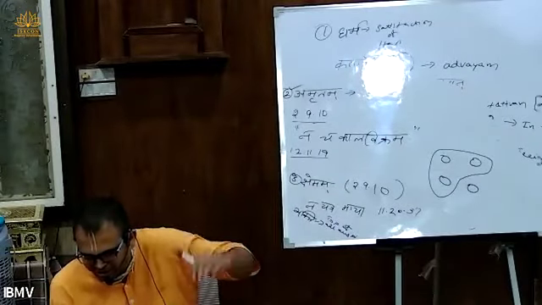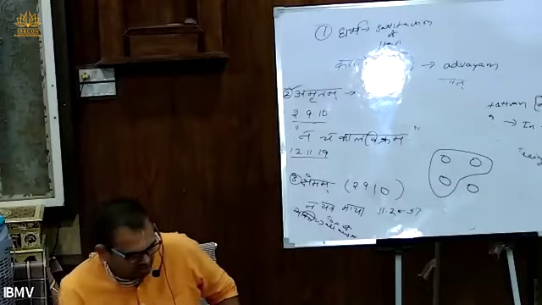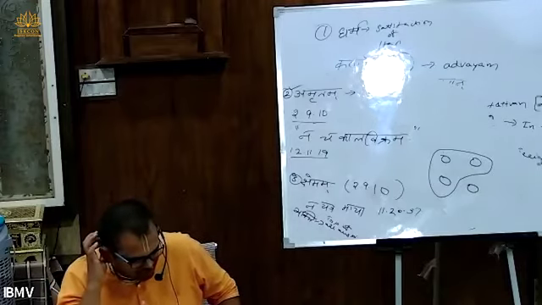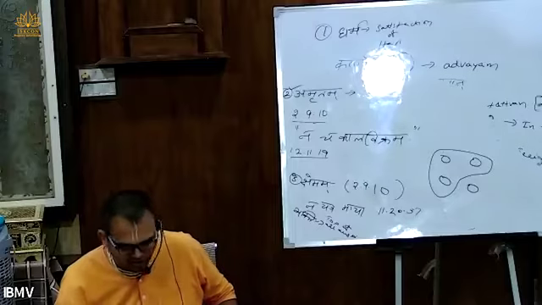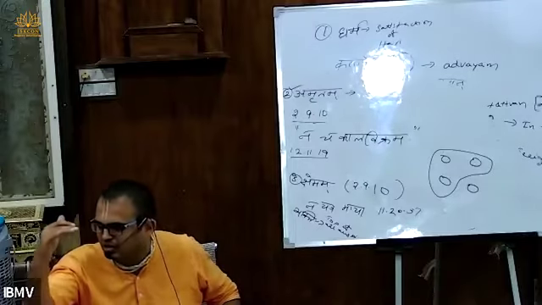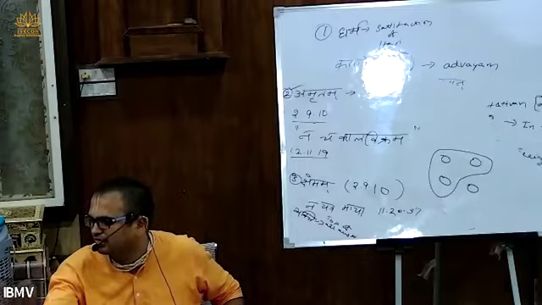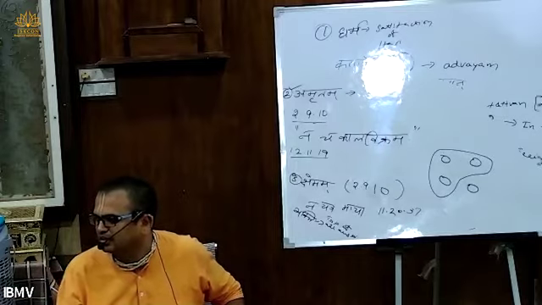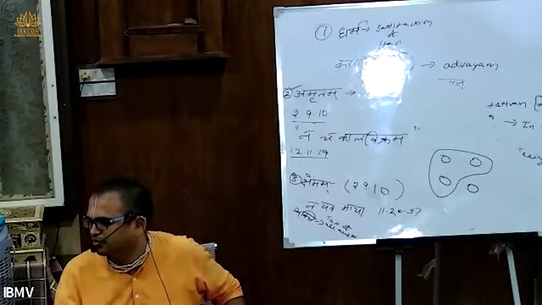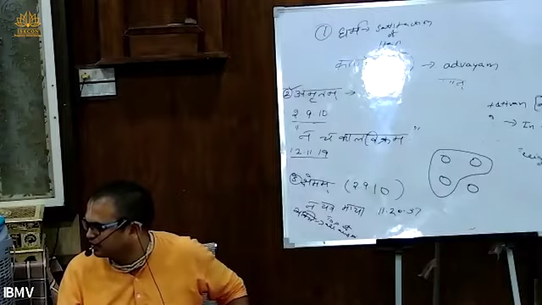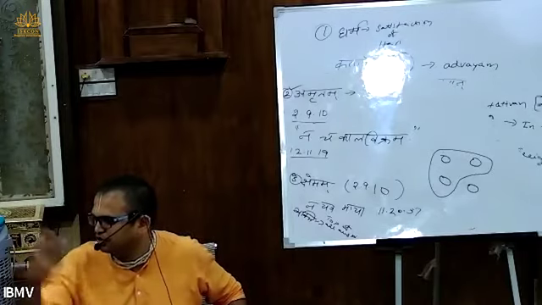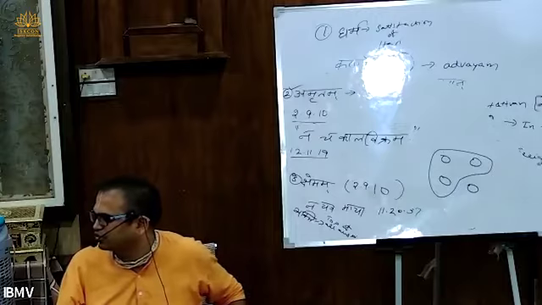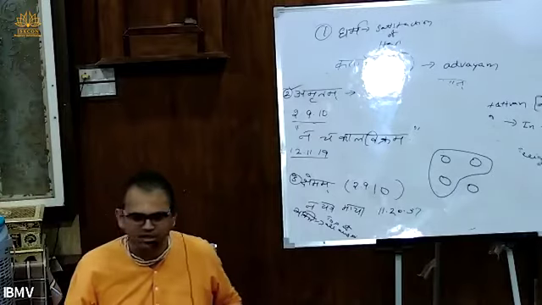By this you cannot get him. So actually according to Sridhar Swami, you can go to the Janaloka by the brahmachari vrata, and you go to the Tapoloka by the rules of the Vanaprastha ashram, and you go to the Satyaloka by strictly following the rules of the sannyasa ashram.